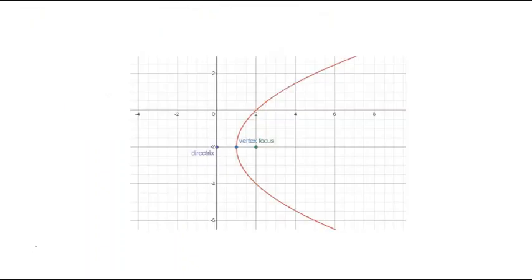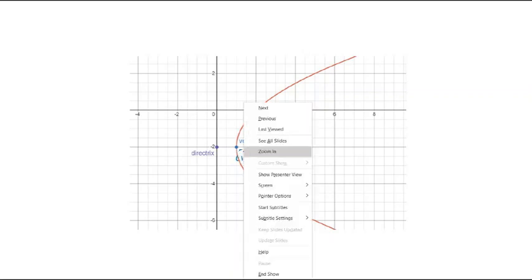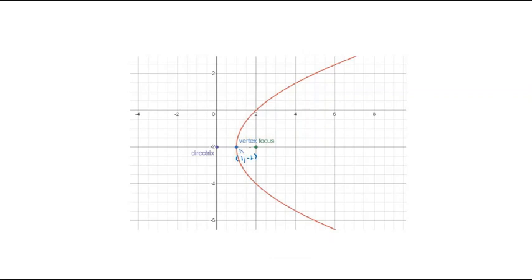To sketch the parabola, first plot our vertex. Our vertex is at (1, -2). And then 1 point to the front, we get the focus. Our focus is at (2, -2).